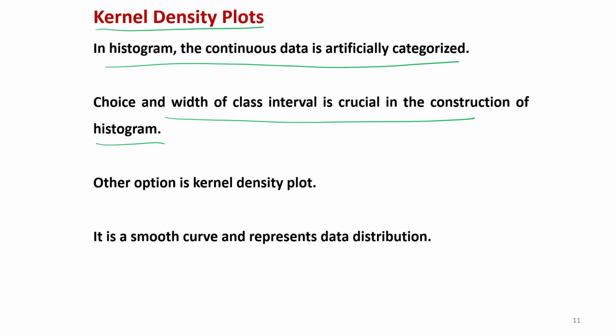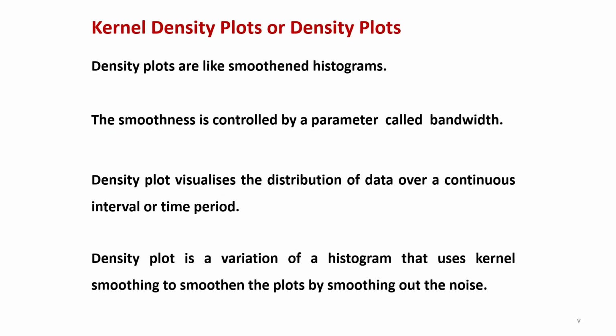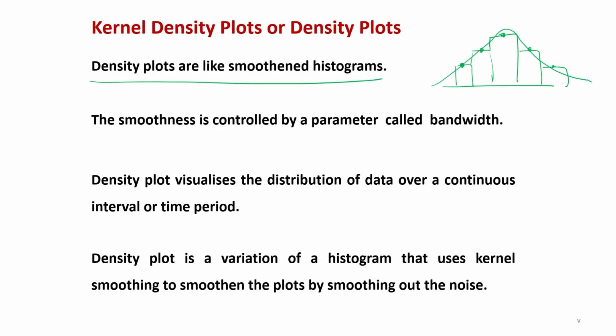So in order to avoid this, we can also plot a kernel density plot, which is a smooth curve, and it represents the data distribution. Right. So these density plots are like a smoothened histogram. For example, if I create a histogram like this one, take the midpoint of the range, and join them together by a smooth curve.